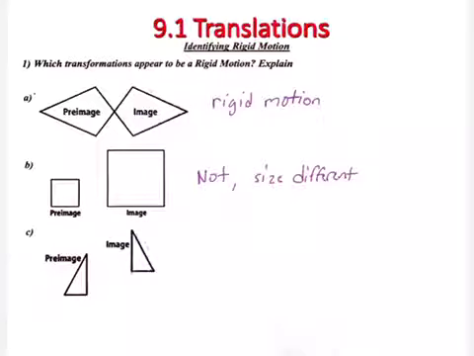And then in C, this is definitely a rigid motion, because all they've done is slide the shape over and then flip it over. So it's a combination of multiple movements or transformations, but in this case it's still the same shape and same size.